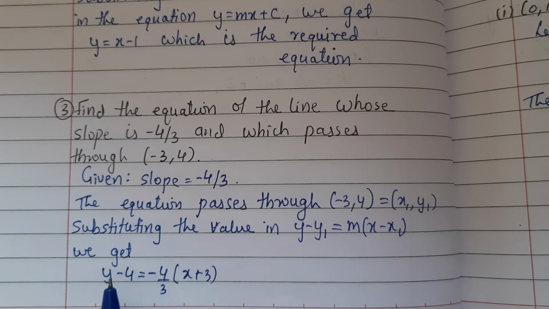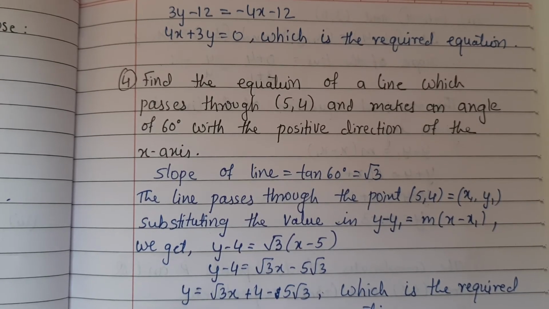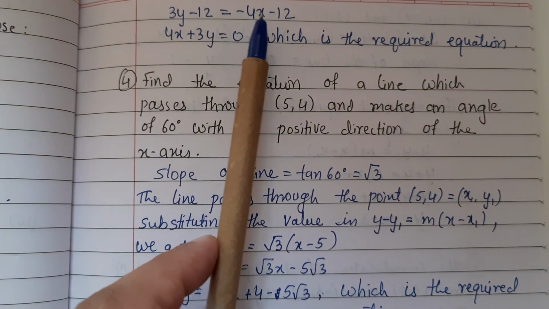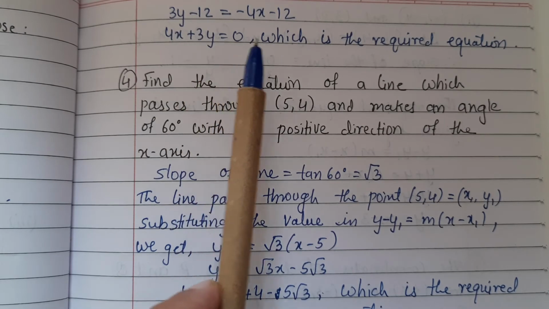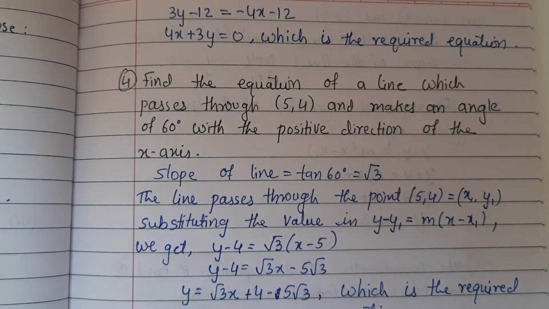We get y minus 4 equal to minus 4 upon 3 into x plus 3. 3y minus 12 equal to minus 4x minus 12. 4x plus 3y equal to 0, which is the required equation.